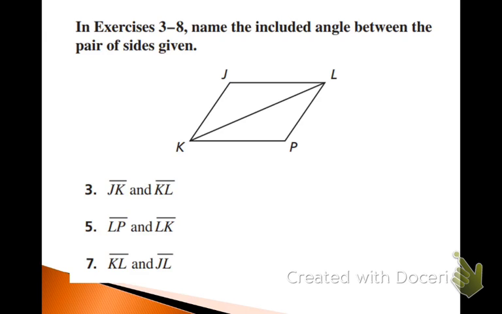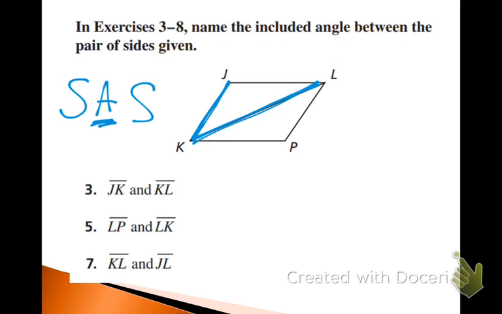Name the included angle between the pair of sides given. So basically, we're given the sides. We need to find the angle in between them. So we're going to read them. We got JK and KL. It does help if you draw on your picture. JK and KL. It wants us to name the angle that would be in between.